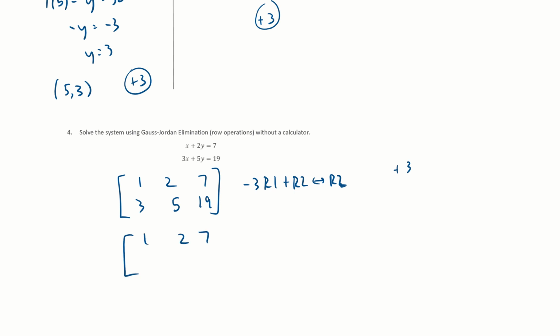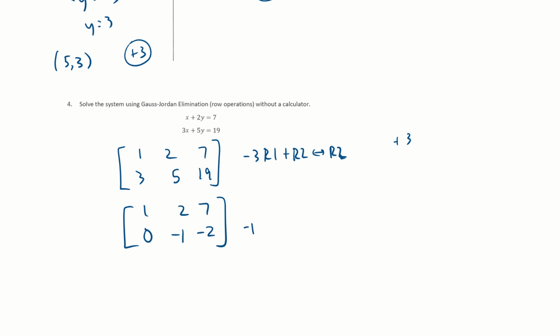Negative 3 times 1 is negative 3 plus 3 is 0. Negative 3 times 2 is negative 6 plus 5 is negative 1. Negative 3 times 7 is negative 21 plus 19 is negative 2. Then we do negative 1 times row 2 and switch it with row 2. So we get 1, 2, 7, 0, 1, 2.